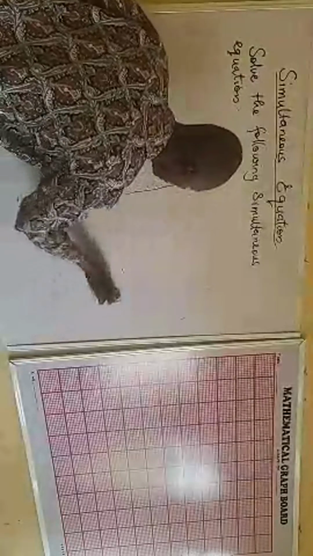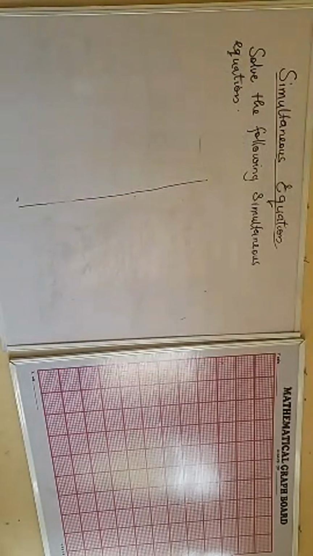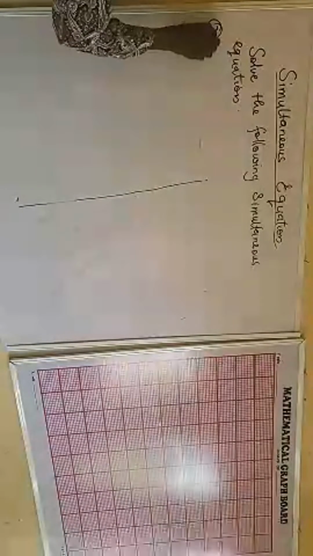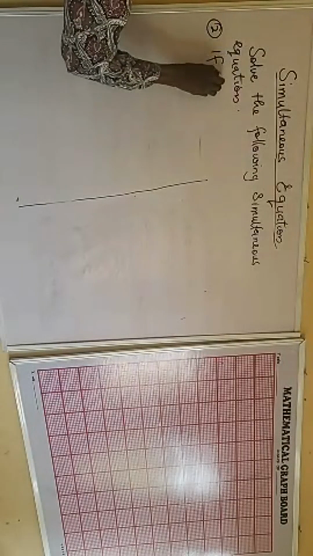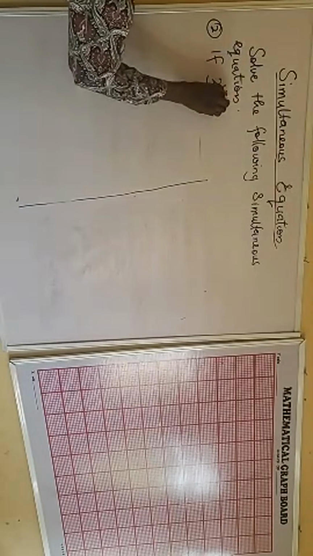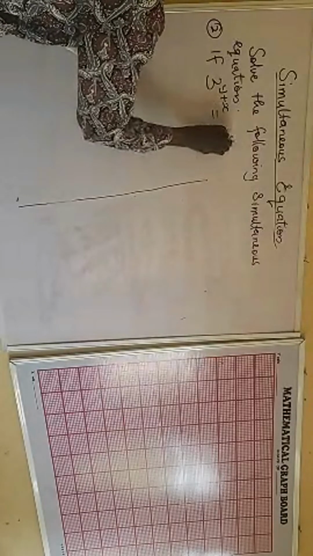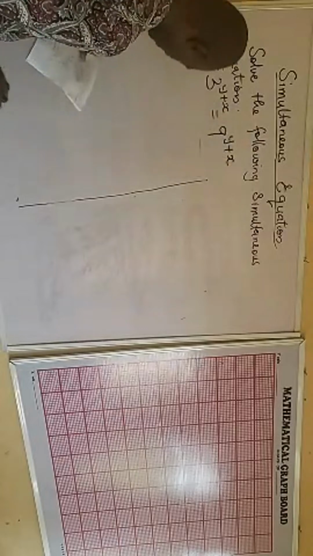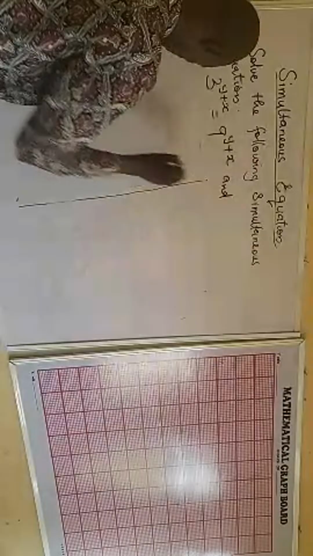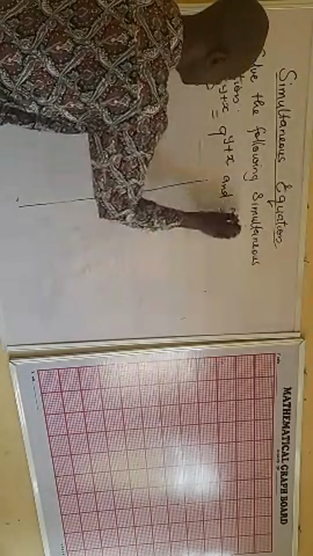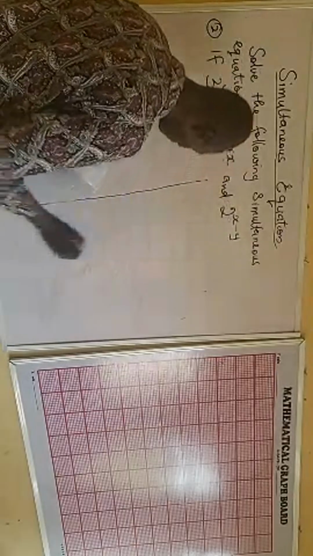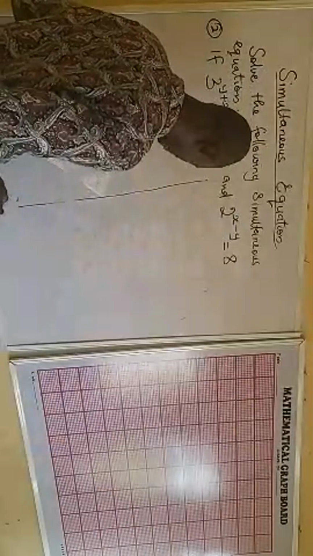Let's take example number 2. All right. Number 2 says, if 3 raised to power y plus x is equals to 9 raised to power y plus x, and 2 raised to power x minus y is equals to 8 raised to power x minus 3.